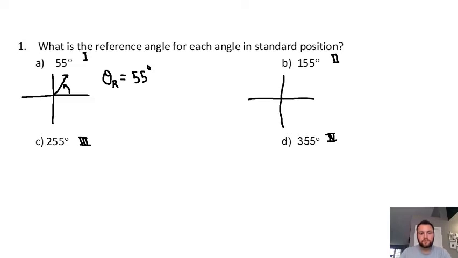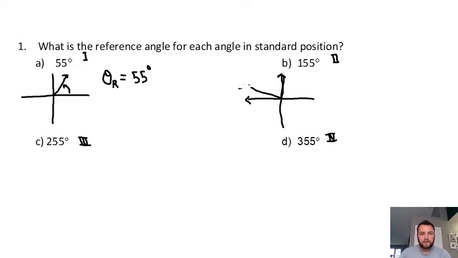155 degrees. Well, I know going straight up and down this y-axis would be 90 degrees. I know over here would be 180 degrees. So I'm going to go back from 180 to 155.